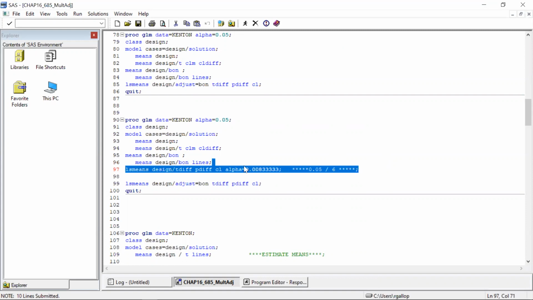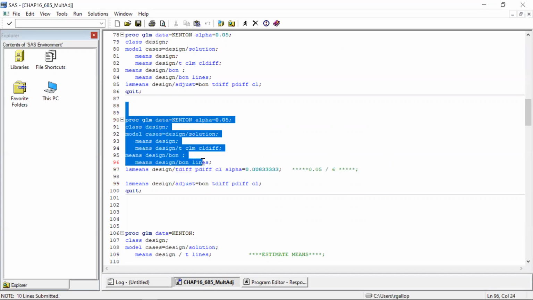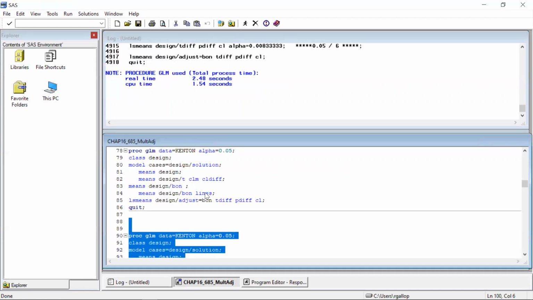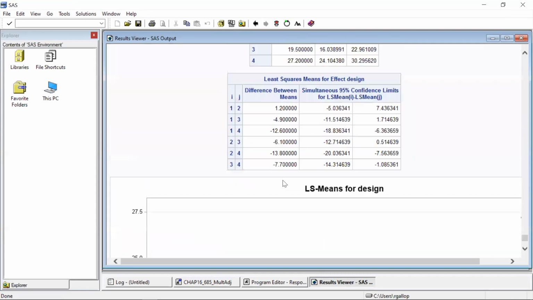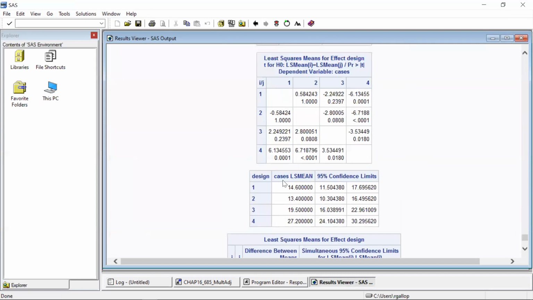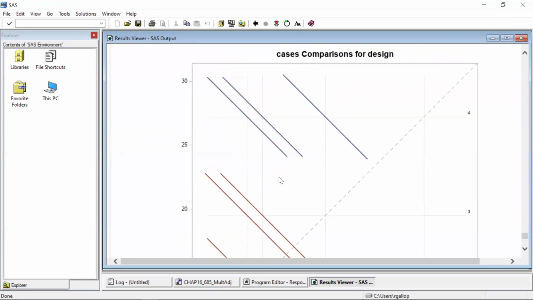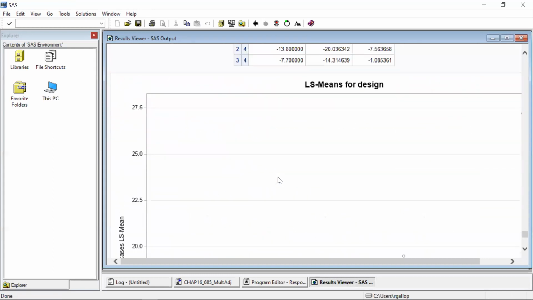So line 97 and line 99 in the LSMEANS statement are doing basically the same thing. They're both giving me Bonferroni adjusted. So let me show you guys this. Whether you want to do it manually yourself and divide the alpha by the number of comparisons, or you want SAS to do it, it's up to you.